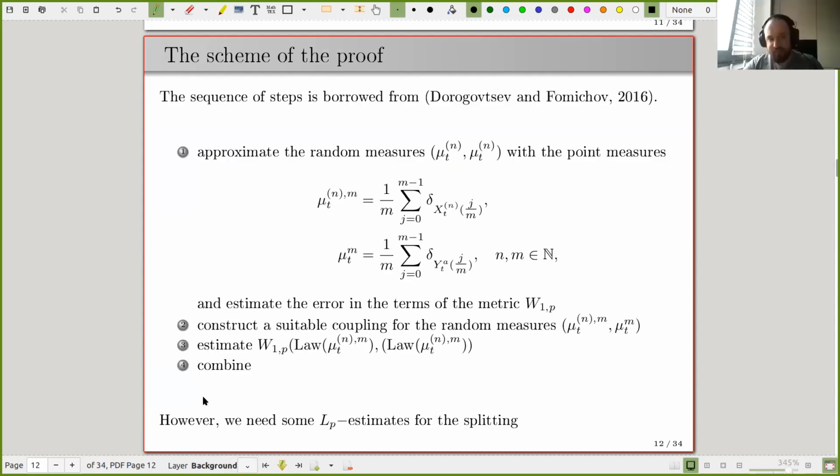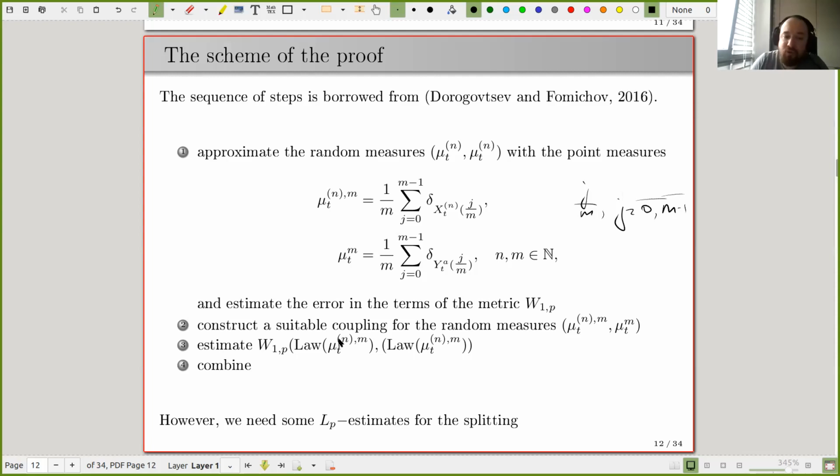Now, the sequence of steps that we are going to discuss is essentially borrowed from the paper of Dorogovtsev and Fomichov, though the realization and details are different. So firstly, we approximate our random measures with point measures, where we consider only trajectories starting from points j divided by m, where j from 0 to m minus 1.